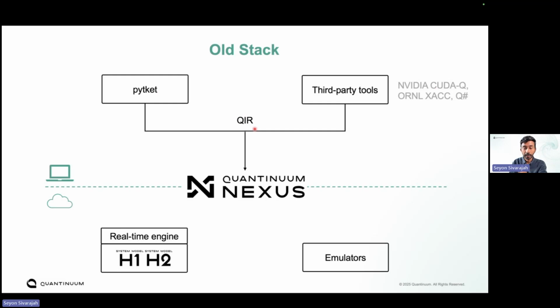And PyTicket can generate QIR as well. QIR is an industry standard intermediate format for quantum programs. And this can then be taken in by Nexus, compiled and run on our systems. So that's how things look currently.